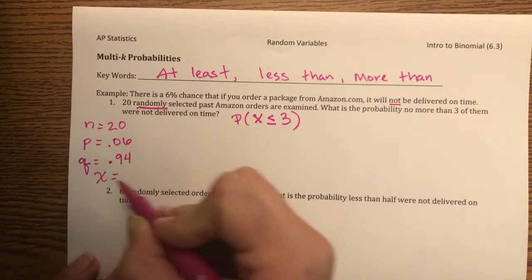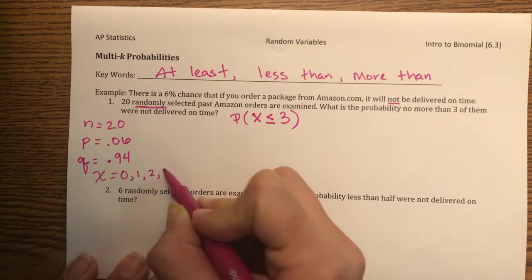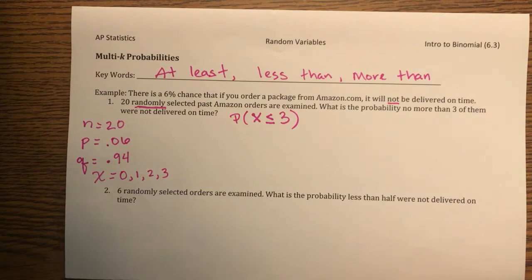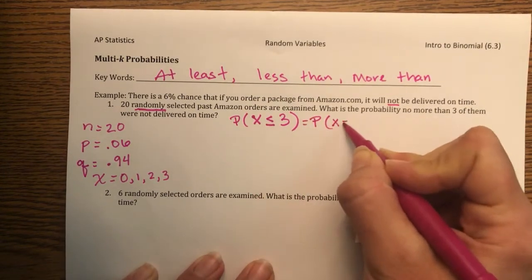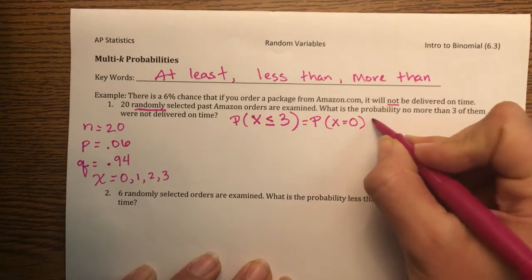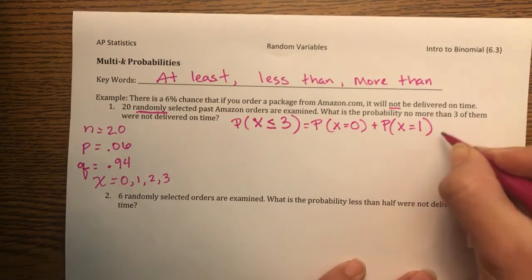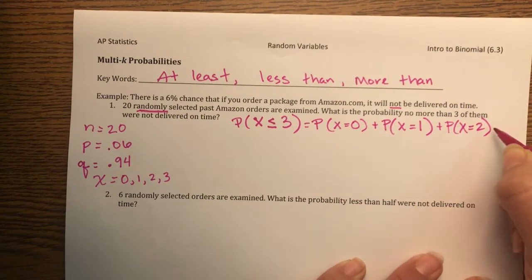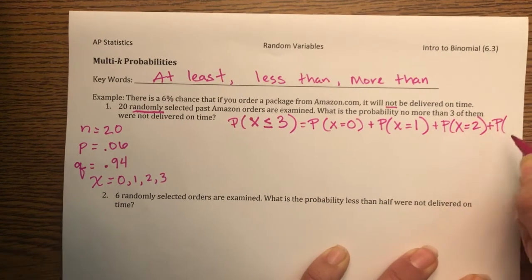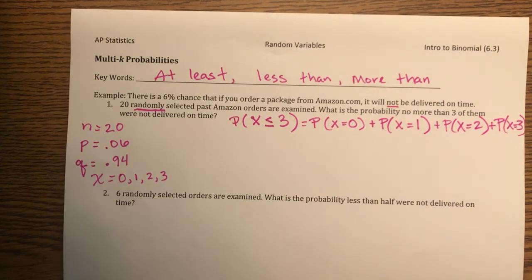And we're examining 0 not delivered on time, 1, 2, or 3 not delivered on time based on this problem.